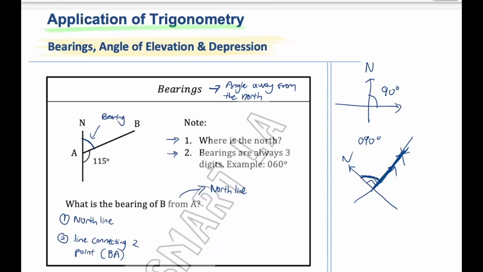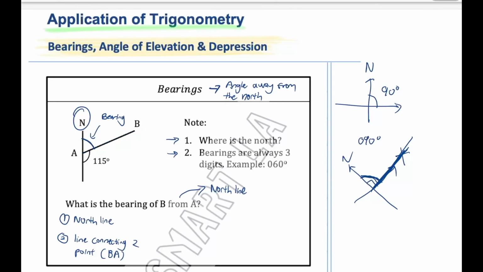So if you can find this, that is the answer to what is the bearing of B from A. So that's why you need the north line, because without the north line, I don't know where to start the angle from. And you need the line connecting the 2 points that you're interested in. Because without that line, you will not have this line and you don't know how much you have to turn, how much the angle will be.